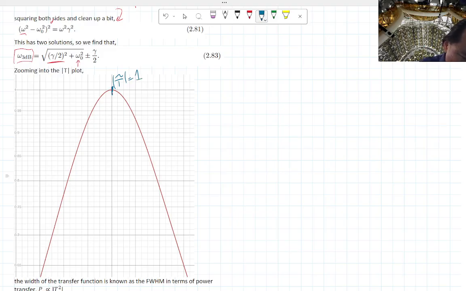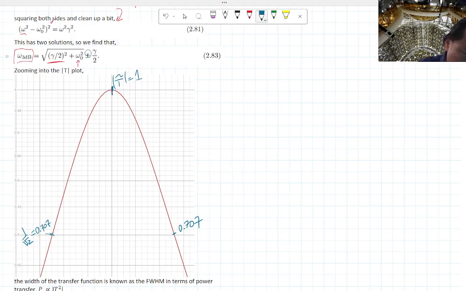Then what we're interested in is the F3 dB point, which is slightly above 0.7, at 0.707, which is 1 over square root 2. And of course, there's another one of these: there's one on the left-hand side and one on the right-hand side, and this is 0.707 also.